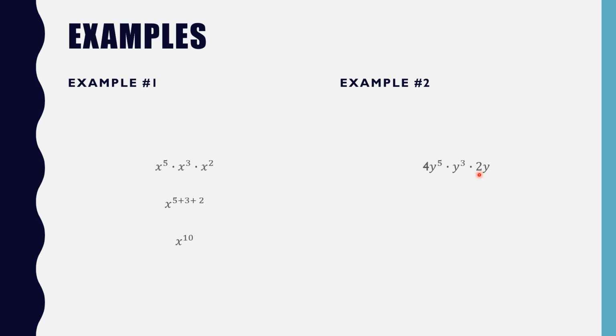So 4 times 2 is going to be 8. And then you would simply add the exponents together since they have the same base. Now, if they didn't have the same base, that's a different story, and we'll talk about that in a second. But all we did is multiply those coefficients together to get 8, and then we add up those exponents, and our final answer would just be 8y to the 9th.